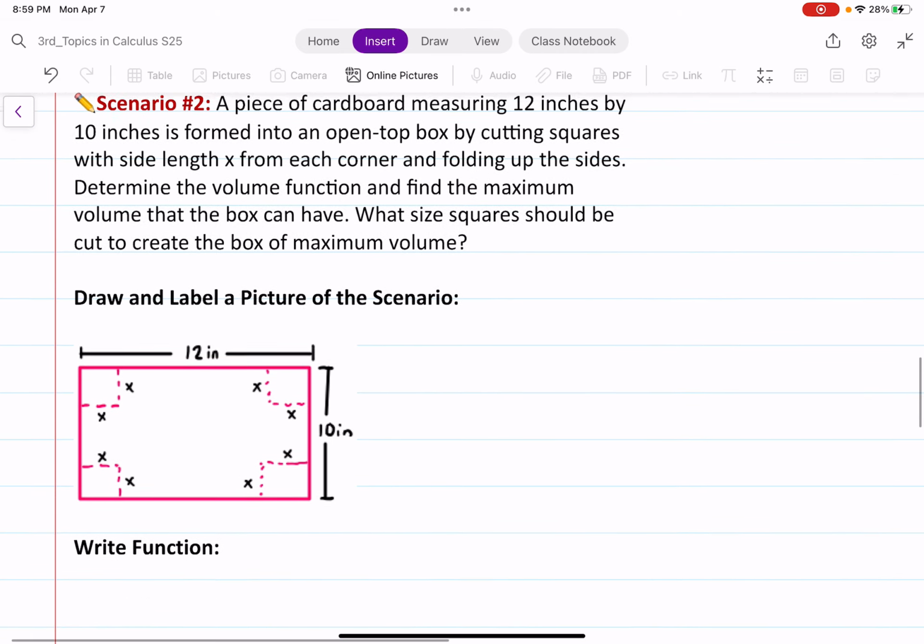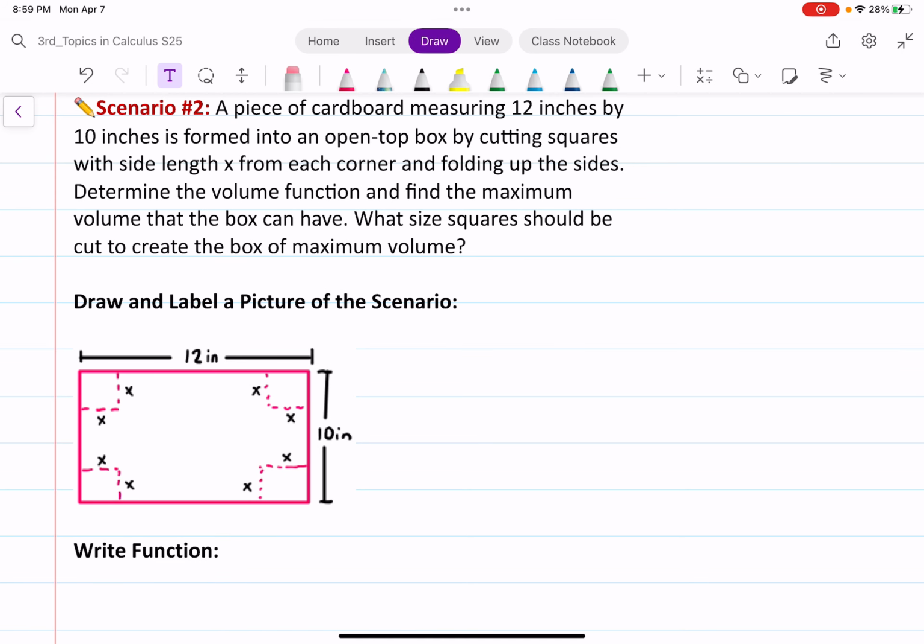And we want to write the function. Well, since we're trying to create a rectangular open box, then you know that volume is length times width times height.